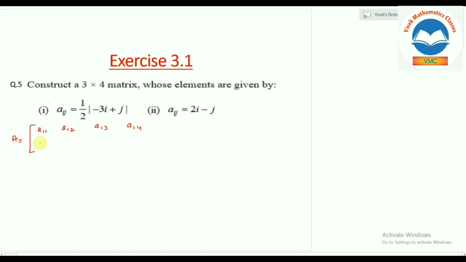And this will be A21, A22, A23 and A24. Next will be A31, A32, A33 and A34. This will be the format of our 3 cross 4 matrix. So we will find all the elements and we will substitute here.